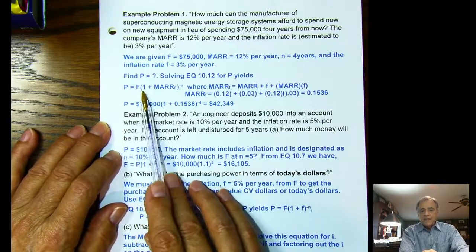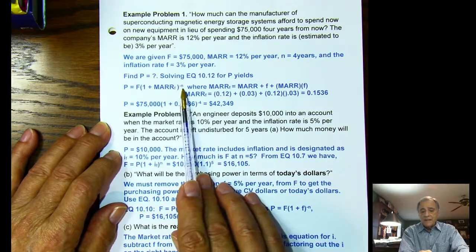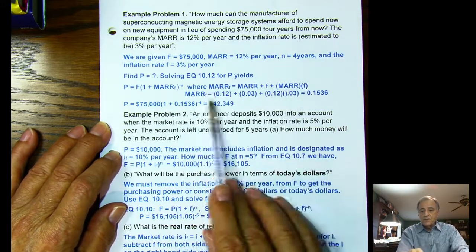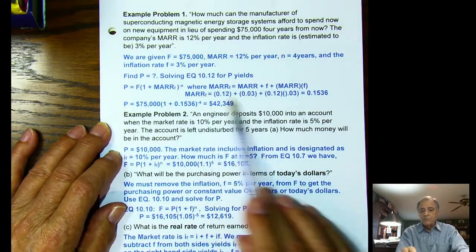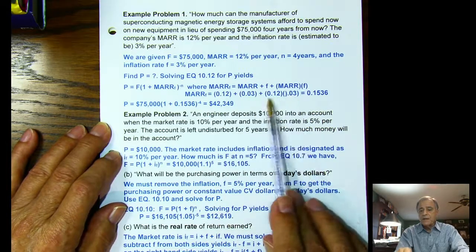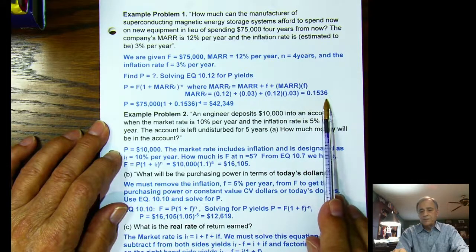P is equal to F times 1 plus MAR sub F to the minus N. And MAR sub F, we basically use equation 10.6 to get that. We take MAR plus F plus the product, which gives us 15.36%.